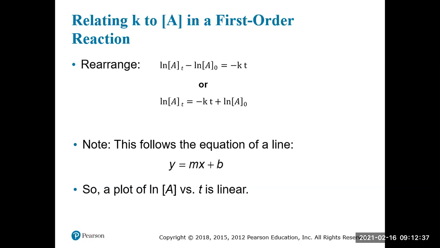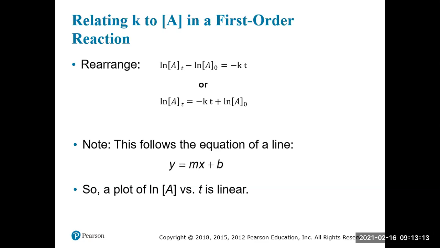So what we see here now is if we plot natural log of A versus time, we should get a linear plot, because this is what our rearranged equation is telling us. If we plot natural log of A at the different time points on the y-axis and the associated times for each of those on the x-axis, then we should get a straight line.